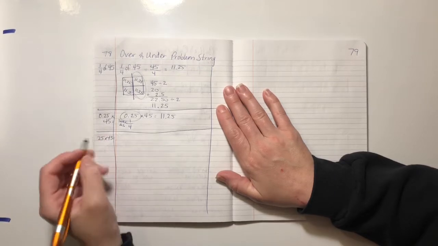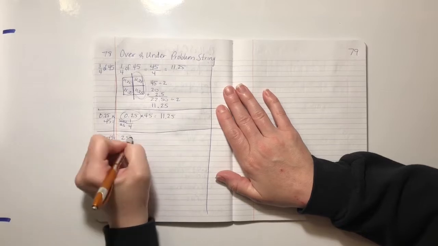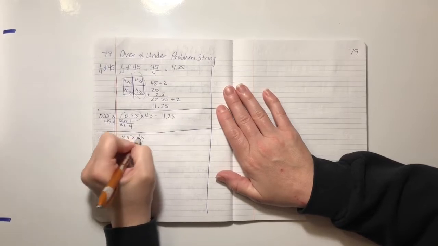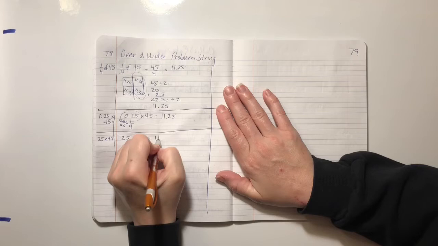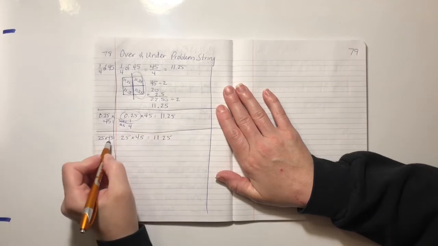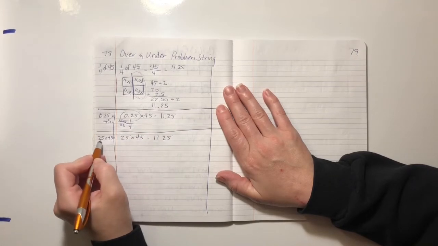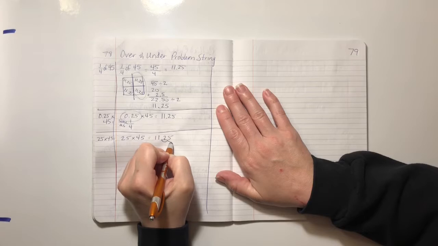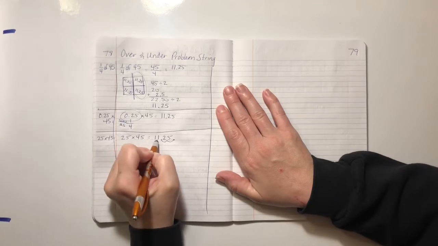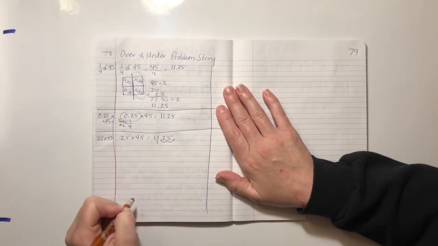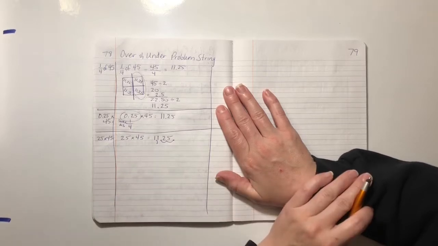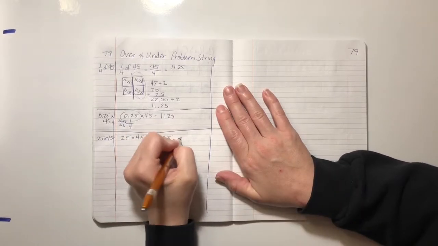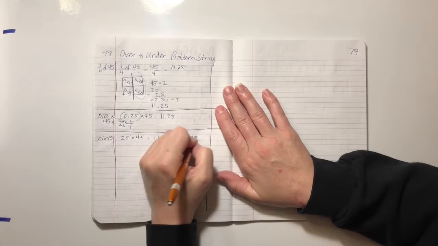So 25 times 45 should equal similar to that number, but the decimal place is going to be moved 2 spots to the right. So it should equal 1,125. So the answer is 1,125.